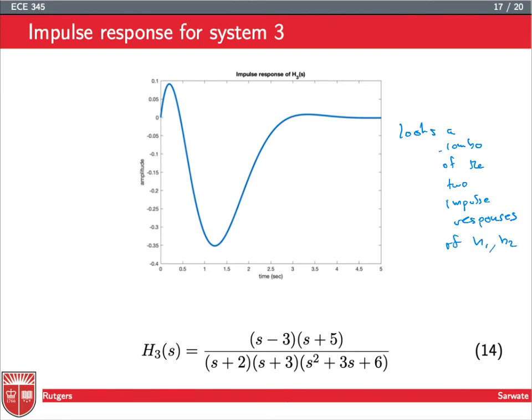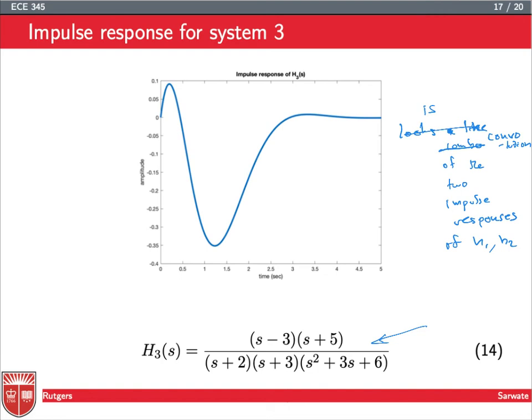And when I say combination, I should really say convolution. So this is the convolution of the two impulse responses of H1 and H2, right? And here we can write it out in factorized form. This is the overall transfer function.